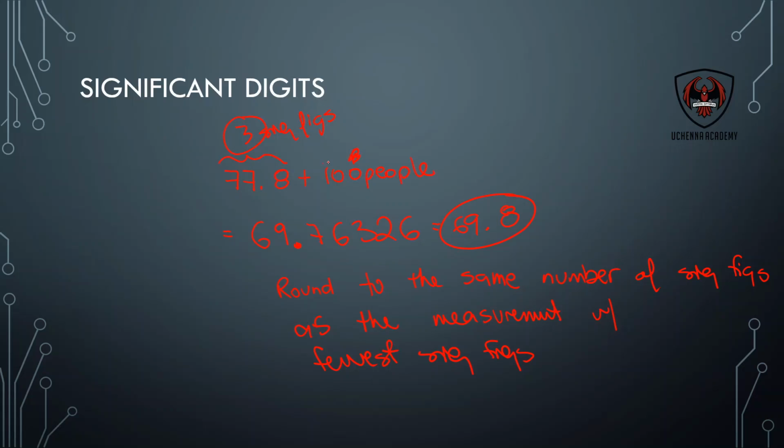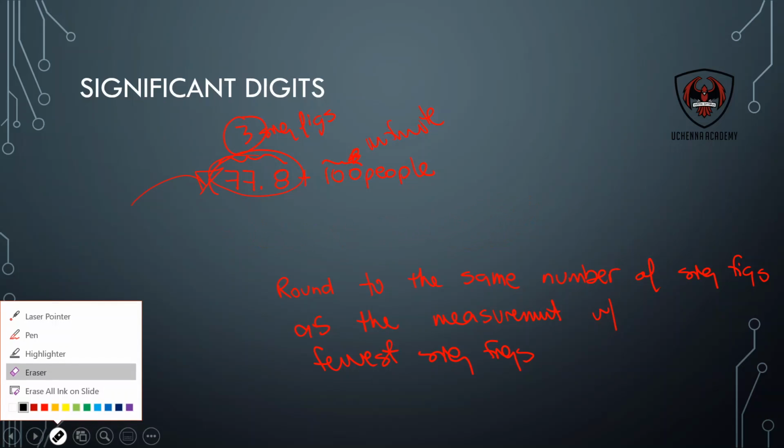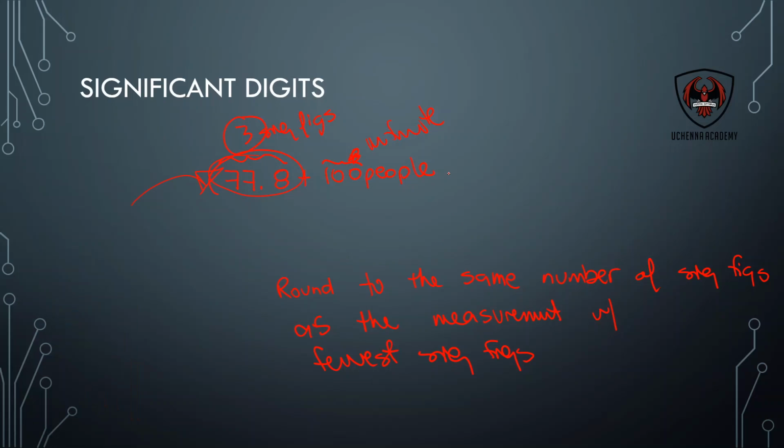Well, this 100 here, don't say that this has only one significant digit, because it's an exact value. It has infinite significant digits. And that means that my answer would still get rounded to 3 significant digits, because the value with the least number of significant digits is what we use when we round. So you wouldn't be rounding it to all the values that your calculator says.